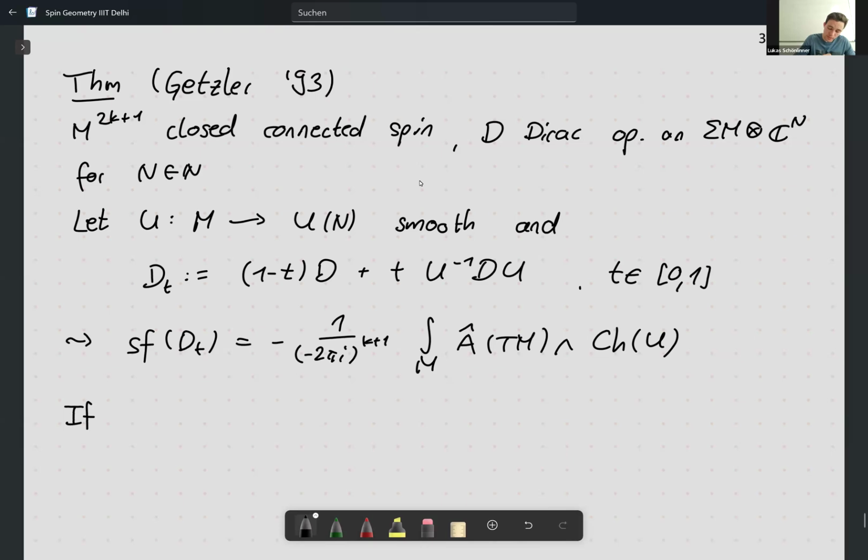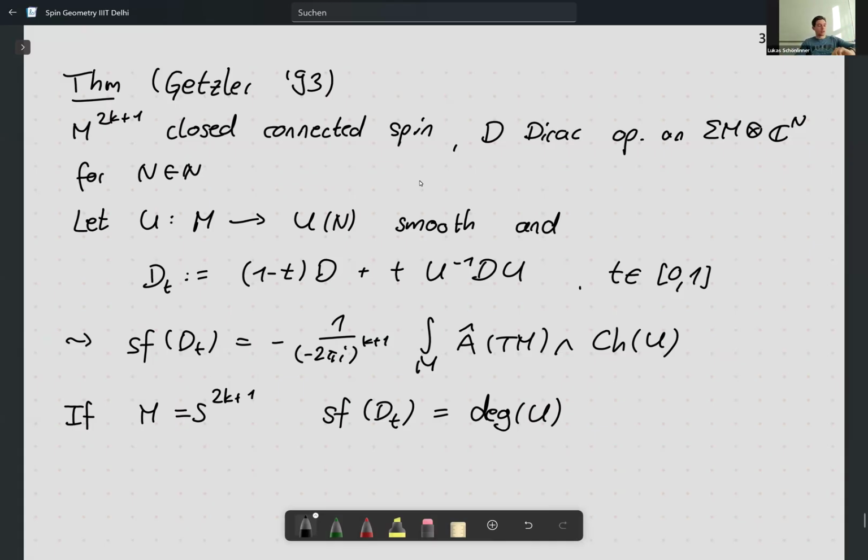There's a special case where Getzler computed this expression, namely for the n-sphere: the spectral flow of this family is just the degree of this map U into the unitary matrices.